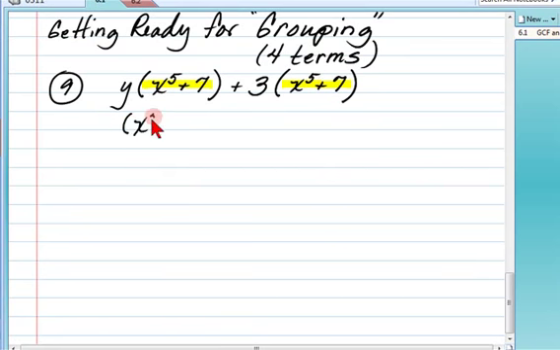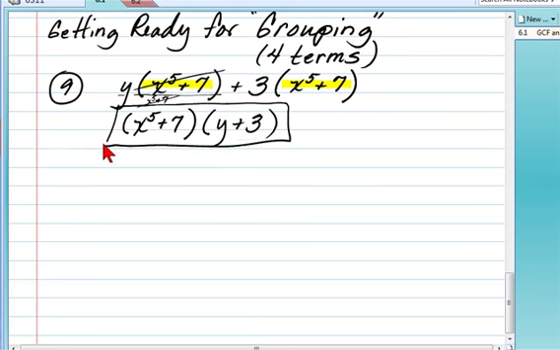And what I would do is factor it out. So I'm going to write it down in front. And what will be left? Well, if I took this one and divided it by x to the 5th plus 7, do you agree that this and this would cancel, and you'd be left with a y? And if I divided into this one, this would go away, and what would you be left with? 3. And I'm done.